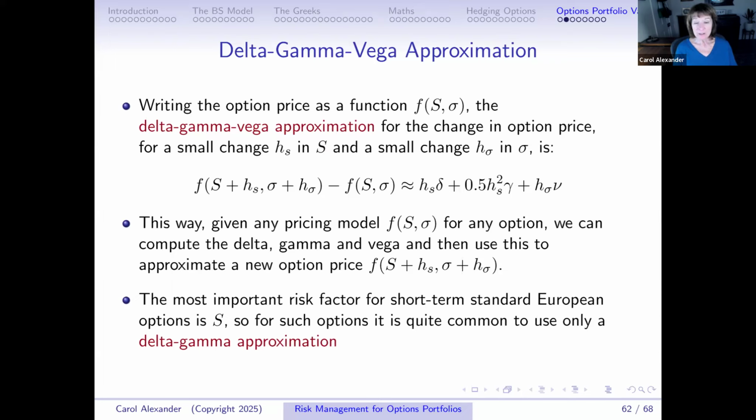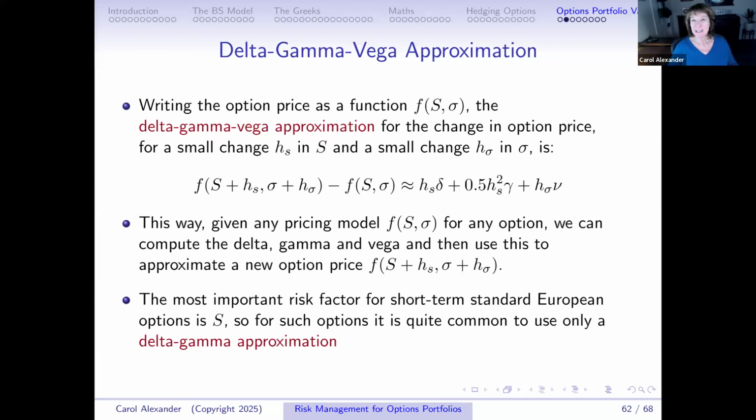Now, because for at least short-term standard European options, S is by far the most important risk factor. Yes, volatility is an important risk factor, but we don't take a second term. We don't have a 0.5 h sigma squared gamma here. Because anyway, option prices are, at least if they're near at the money, pretty much linear functions anyway.